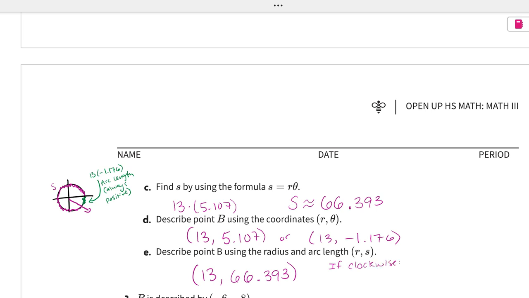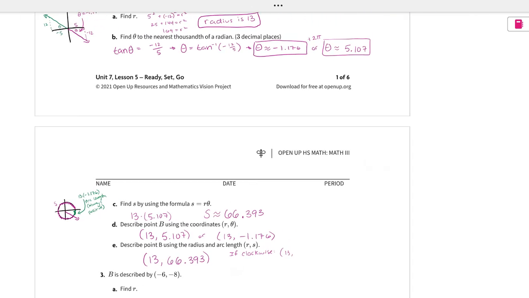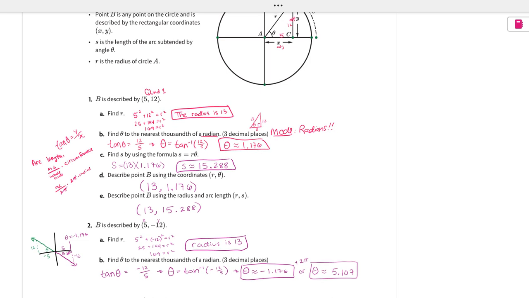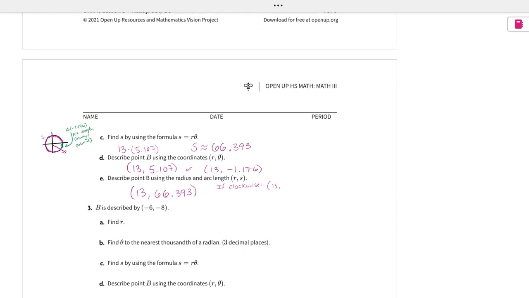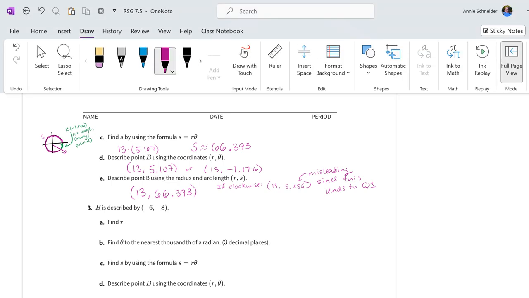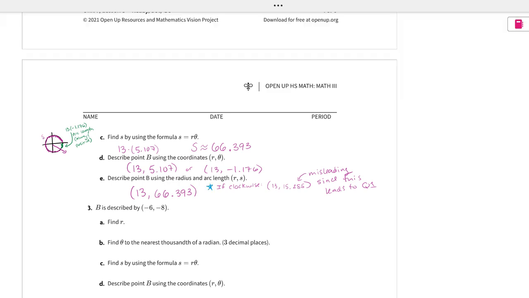Again, if we're traveling clockwise, then we would use 13, and then 13 times 1.176, using a positive, we're going to get 15.288, the same number as before. So this is misleading, since this leads to quadrant 1. So I'll put that as, do not use.